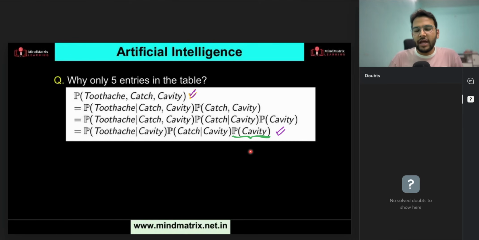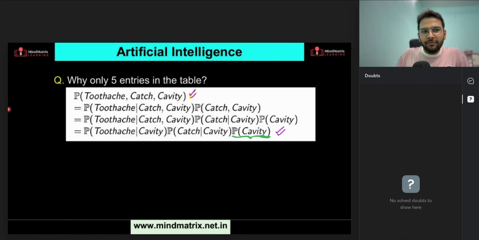Just for this probability of cavity. Think about it. Sumit is saying 1. Okay. Anyone else? Any answers? See, I want minimum. I want minimum always. Okay, so the correct answer is 1.